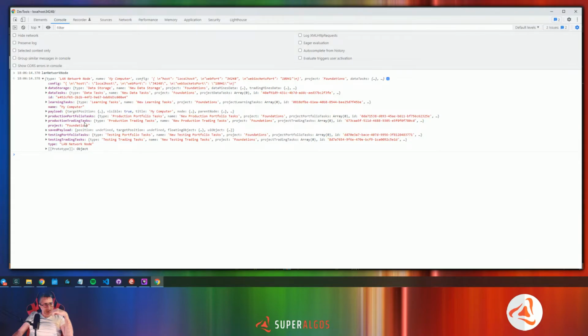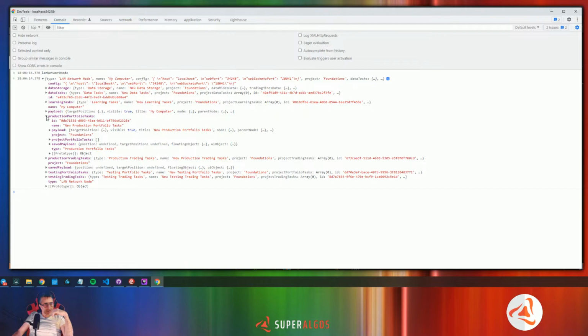Production trading tasks, production portfolio tasks. Oh, wait, hold on. If I uninstall this, why does it still have this node inside?